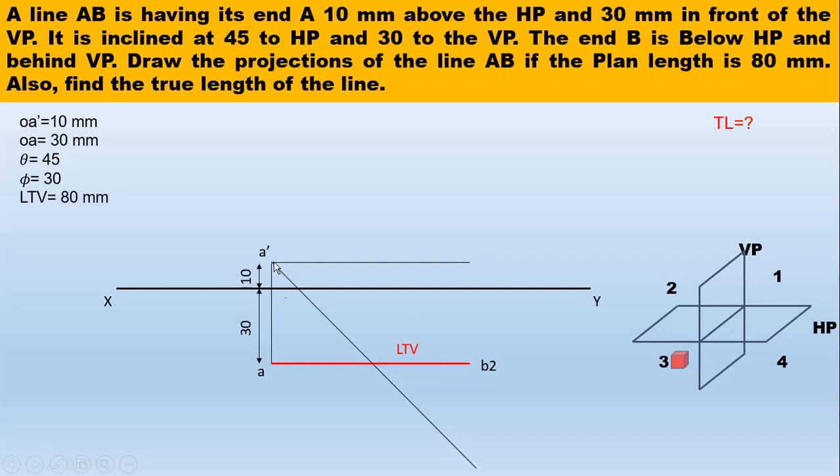So first locate the true length. This is the true length line. Till now we don't know how much length it has, but we certainly know that it will lie at an angle of 45 degree with respect to this horizontal plane, right?